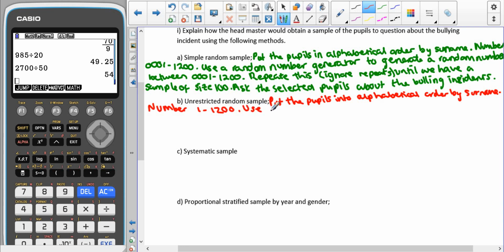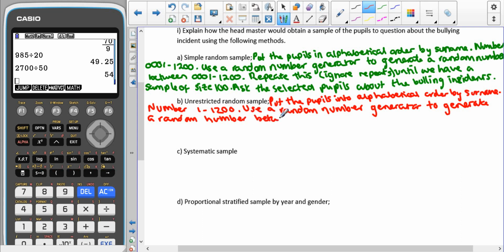We're going to use a random number generator to generate a random number between 1 and 1,200.